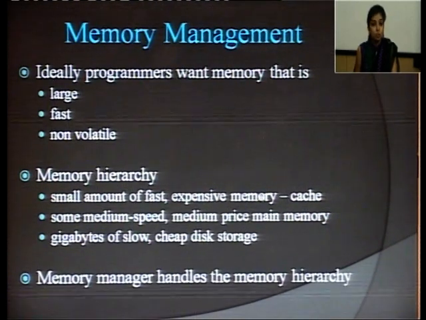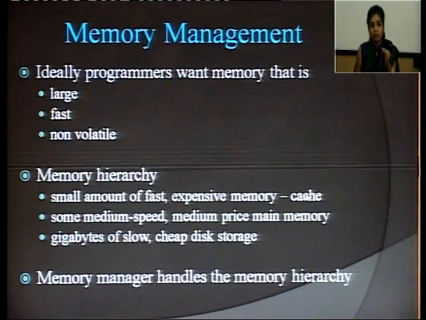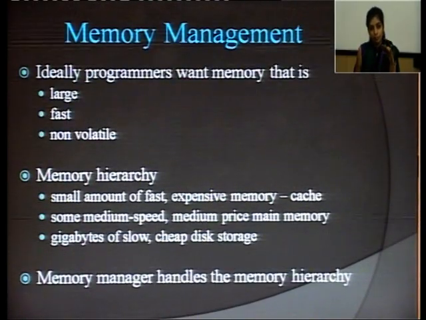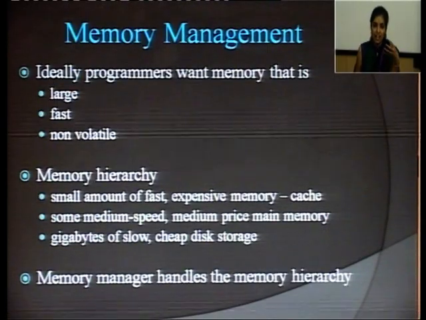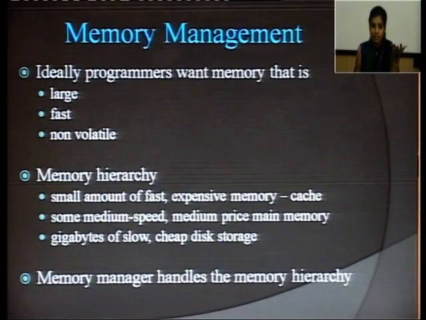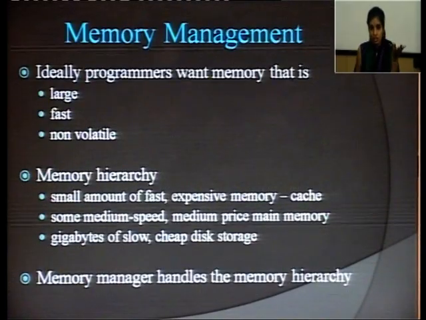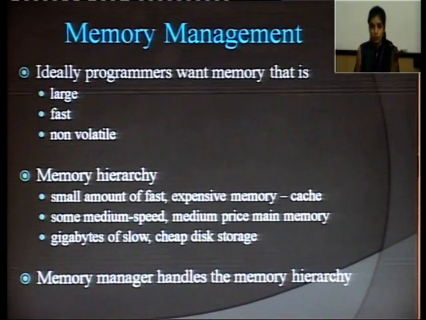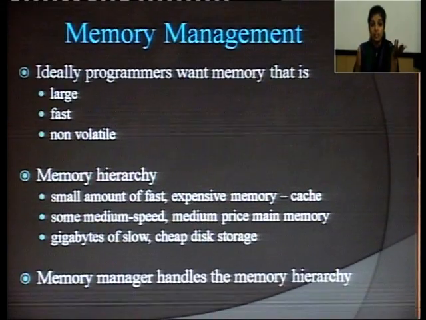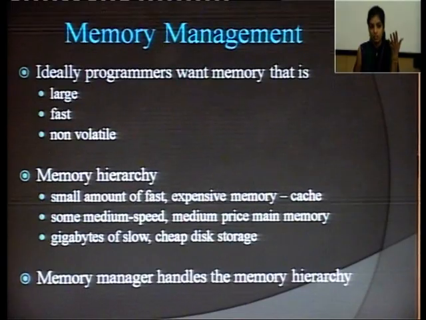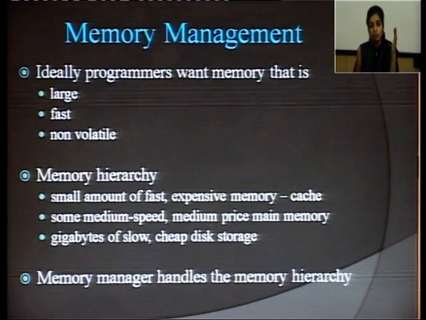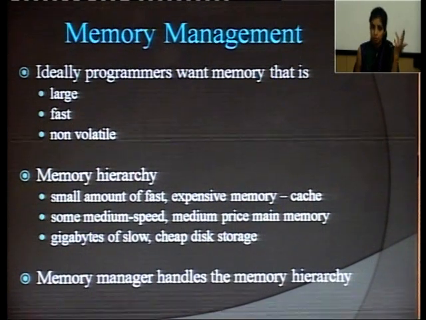That memory is known as cache. Cache is a memory that lies between the CPU and the main memory. Firstly, the CPU accesses the cache. If the data or page is available in the cache, we call that a hit. If the page is not available in the cache, that is signaled as a miss, and the CPU again requests that page from the main memory.